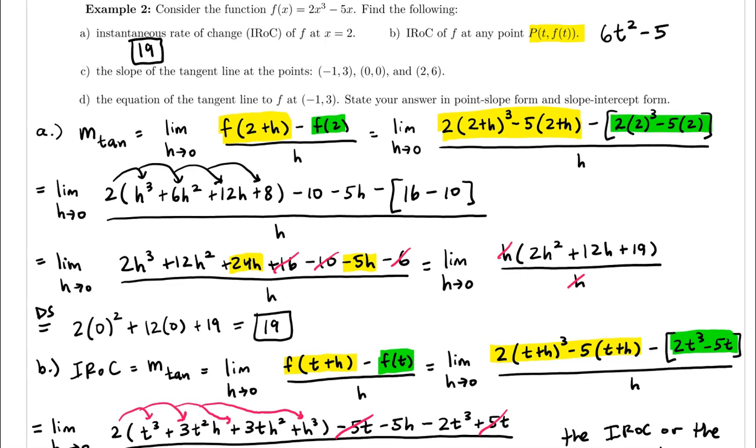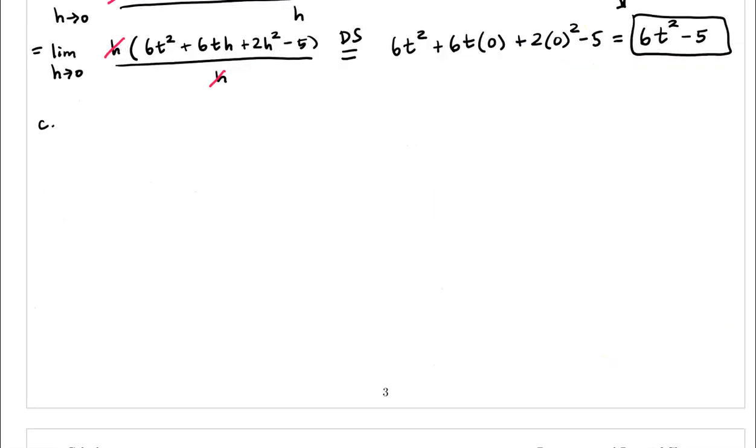What's really nice is now we have this function, and we could very simply find the slopes of the tangent lines at these three ordered pairs by plugging in the x coordinate into this function here. So let's go ahead and do that. So we have part C, and the first ordered pair we were looking at was -1, 3.